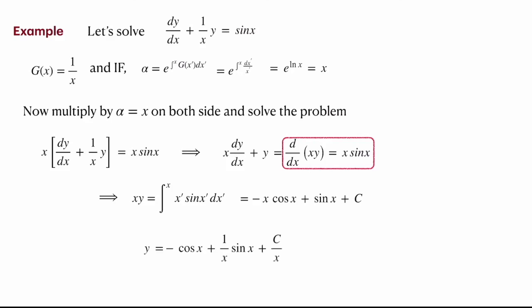So finally, because this is a first order linear differential equation, we can write y as a function of x, and y turns out to be minus cos x plus 1 by x times sin x plus c divided by x. So this is the solution for the differential equation with which we started.